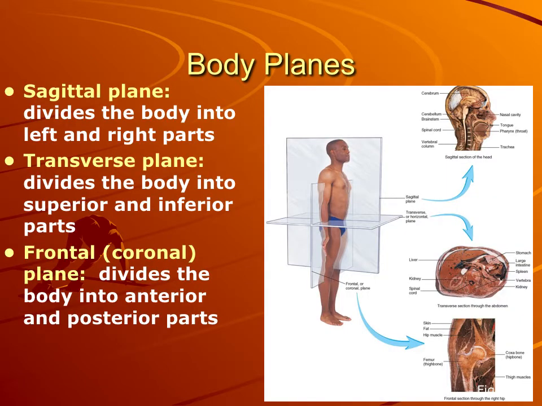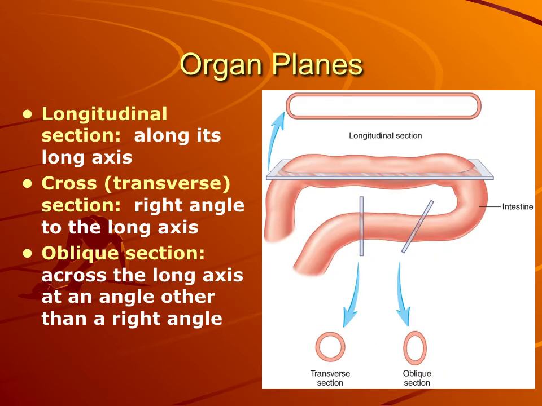We talk about them all the time. We often see imaging studies or microscopic sections or drawings that are cut at a particular plane, and so we refer to that. We often also see sections of organs, and so we sometimes use terms longitudinal, cross section, or oblique, and the same organ can appear very different depending on the type of section. Okay, and so we use those terms over and over again.